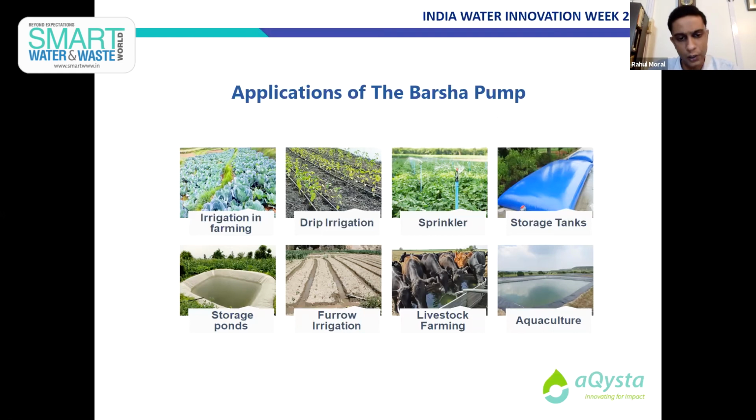It can be used for furrow irrigation, livestock farming. We have a few very successful cases from Africa, from Malawi, where it has been used in livestock farming. Also aquaculture, because the pump itself pumps irrigated water, so it's very good for aquaculture, and we have plans to implement it in aquaculture in Assam and in the other northeastern states. Next slide, please.